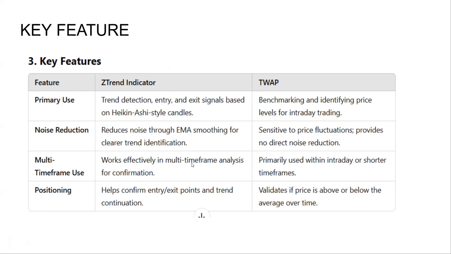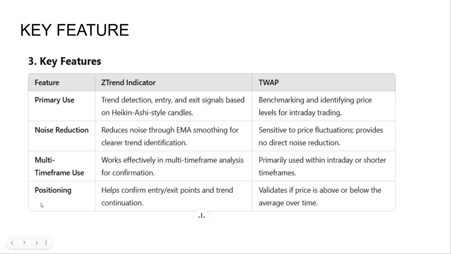Even for your daily trend reversal, you can utilize this Z trend indicator for trend continuation. You can take a position in a stock. Suppose you want to buy that stock around a critical support level, you can go long. TWAP is primarily used within intraday or shorter time frames.